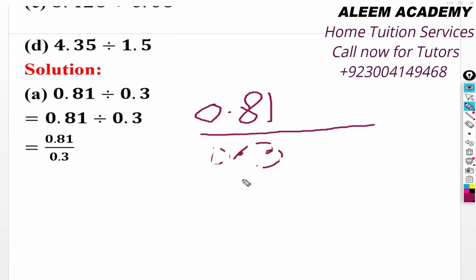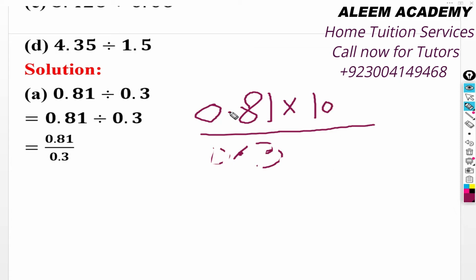In place of cancellation, we multiply with 1 on the other side. If we are cancelling the decimal in the denominator, then we will multiply with 1 in the numerator. So in place of the decimal we have written 1. Now see how many digits are there after the decimal. There is just one digit after the decimal, so write here 10.